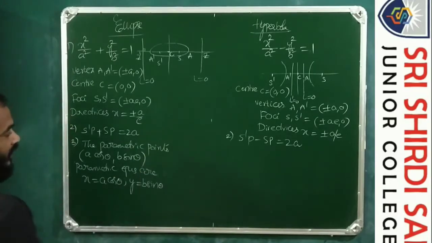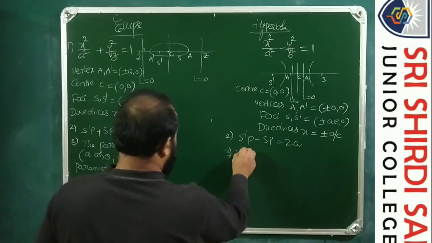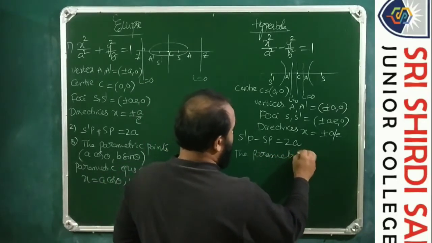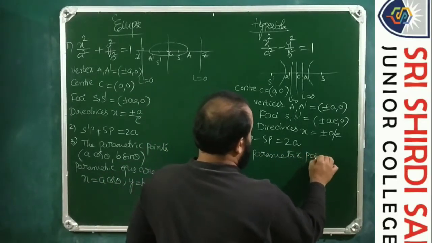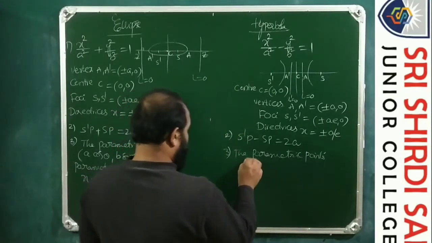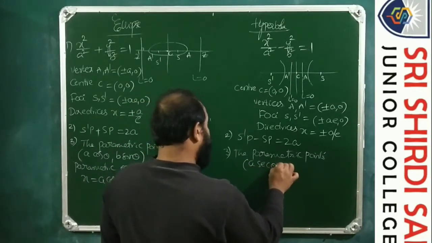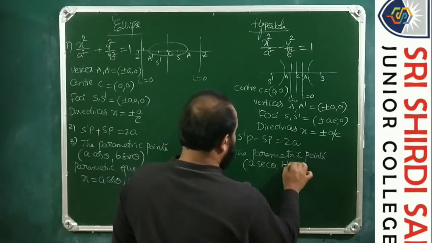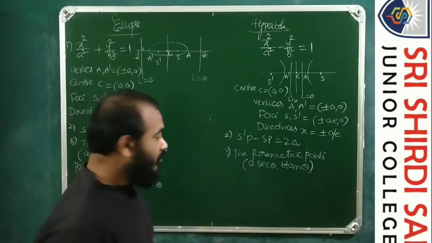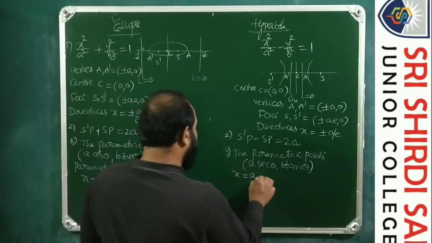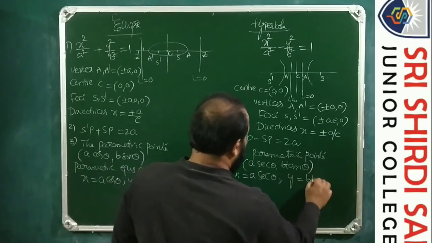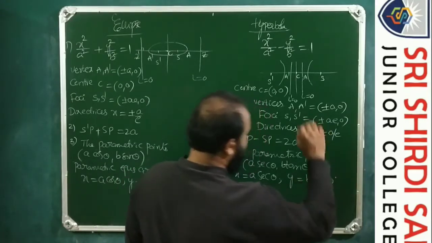Here the parametric points of hyperbola is A secant theta, B tan theta. This is said to be the parametric point, while x equals to A secant theta, y is equal to B tan theta.